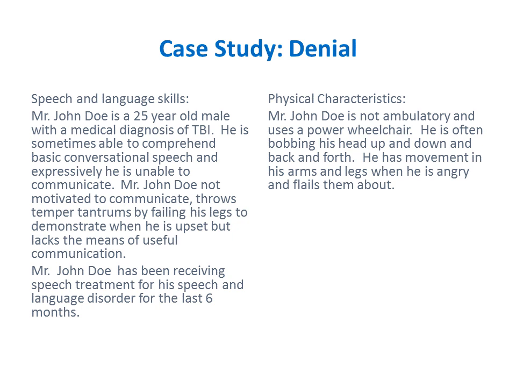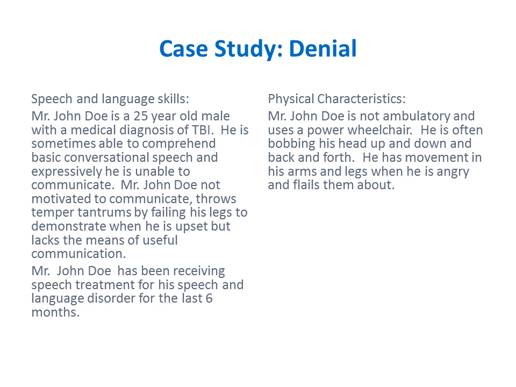Okay, so this was a denial. Mr. Doe is a 25-year-old male. He has TBI. He's sometimes able to comprehend basic conversational speech. Expressively, he's unable to communicate. He's not motivated to communicate. He throws temper tantrums by flailing his legs to demonstrate when he's upset, but lacks the means of useful communication.